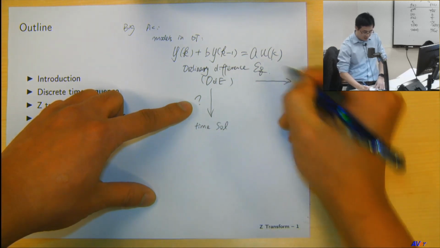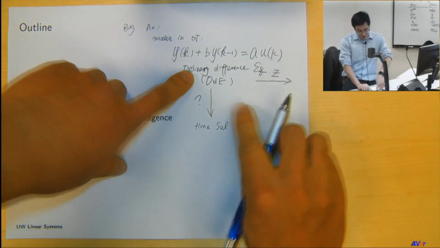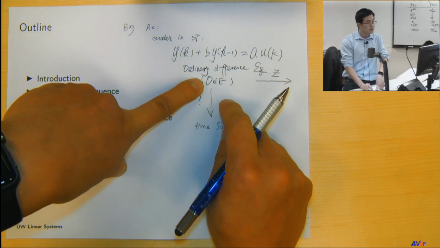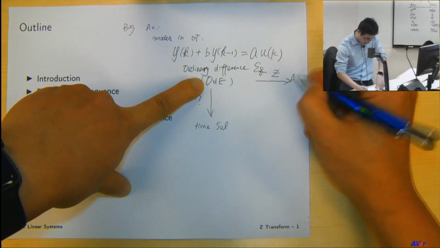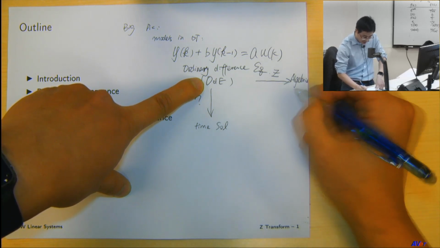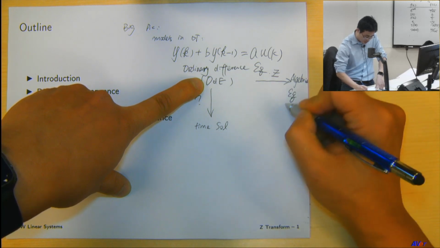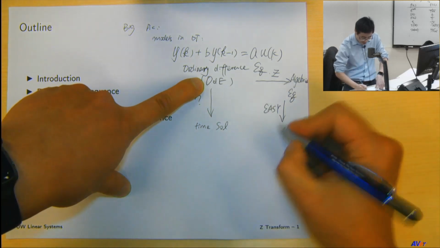Now, the Z transform is doing the same thing as the Laplace transform here. It's going to transform the ordinary difference equation into some property in the so-called Z domain. So it's still an algebraic equation, which is easy to manipulate in the Z domain.